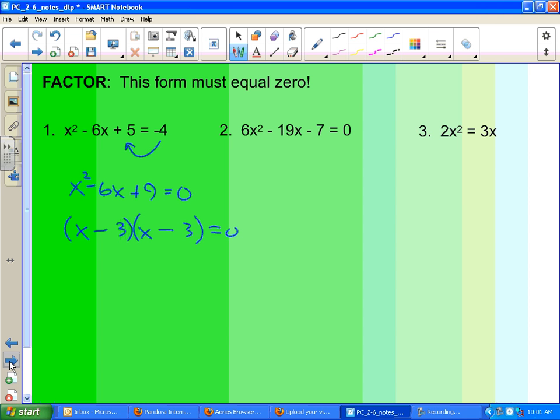And they always will factor into something like x minus 3 quantity squared, which means I only have one value of x that makes this thing true. So here's where we have a parabola only touching the x-axis in one location. So we know that that's going to be my vertex.